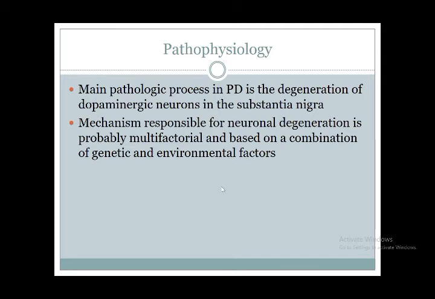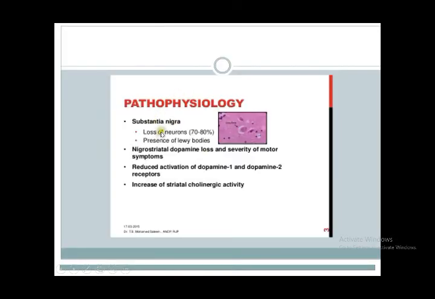The main pathologic process in Parkinson disease is the degeneration of the dopaminergic neurons in the substantia nigra that we discussed. The mechanism responsible for neuronal degeneration is probably multifactorial and based on a combination of genetic and environmental factors. Basically, there is 70 to 80% loss of neurons in the substantia nigra, and there is presence of Lewy bodies in remaining intact neurons in Parkinson disease if you do a biopsy.